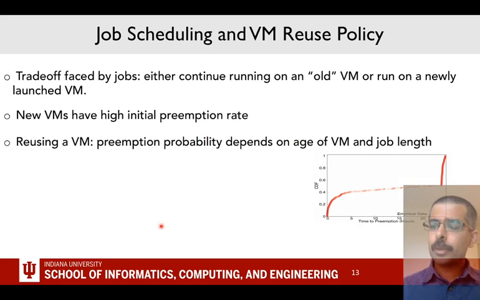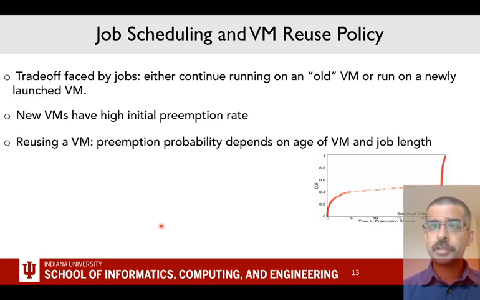So we also developed, based on the earlier insight, a job scheduling and VM reuse policy. So the scenario here is that you're running a sequence of jobs, right? And on an existing cluster of preemptible VMs. So the question is, when a new job arrives, do you continue running on an already running old VM, or do you terminate that old VM and start a new VM to run this job?